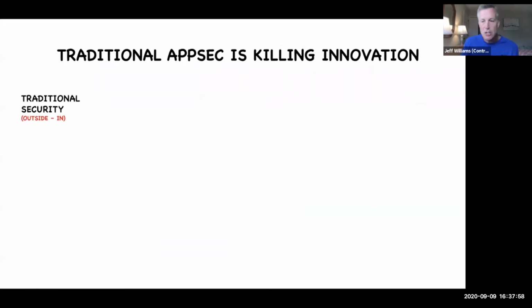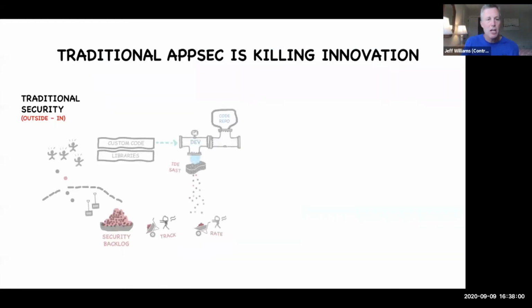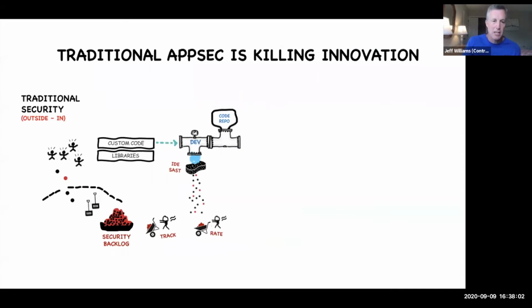The traditional approach to application security works from the outside in, and I'll show it with this blackboard kind of picture. So you imagine you've got your developers over here, they're writing custom code, they're using libraries, and they're going to introduce vulnerabilities, whether it's known vulnerabilities in libraries or custom code vulnerabilities in the things that they're writing. They're going to introduce those flaws and they're going to send it into the pipeline.